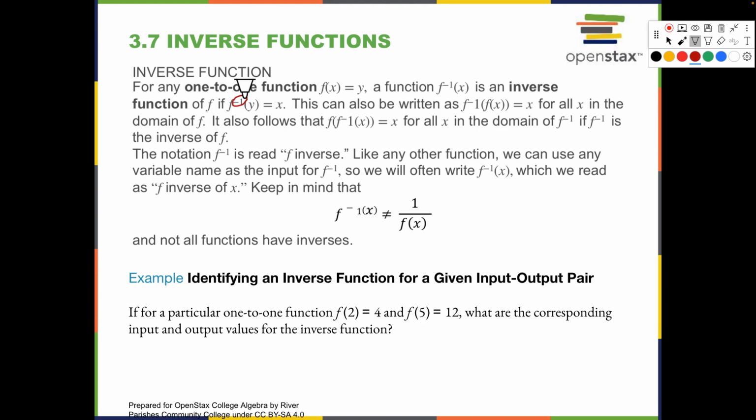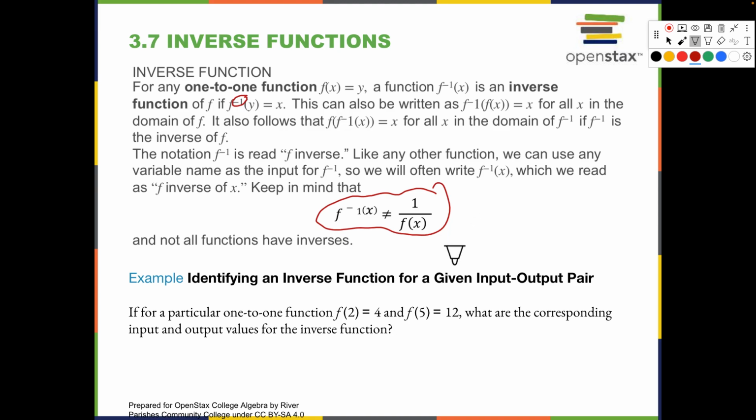So think of the minus as maybe an opposite. So the function that will undo the other function. Down here, they're emphasizing it's not a -1 exponent, which when you have a -1 exponent, it's just the reciprocal. That's not what we're talking about. We're talking about an inverse function.